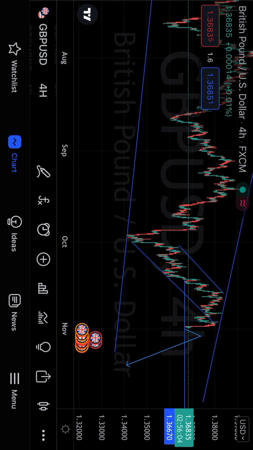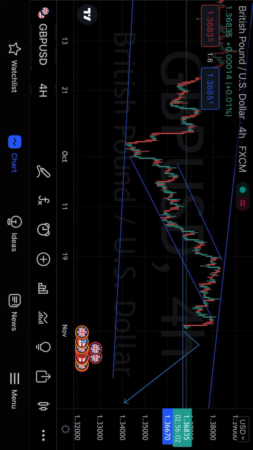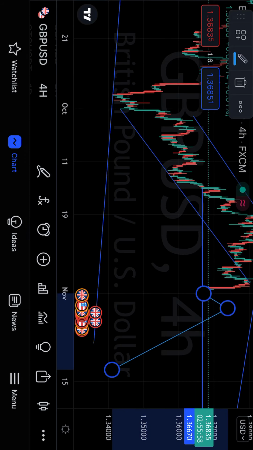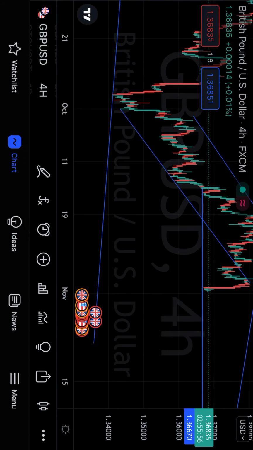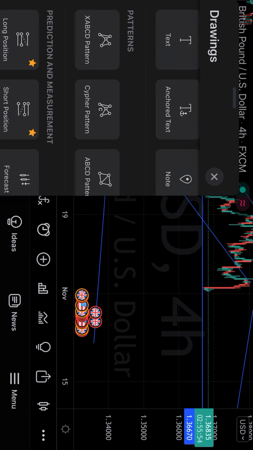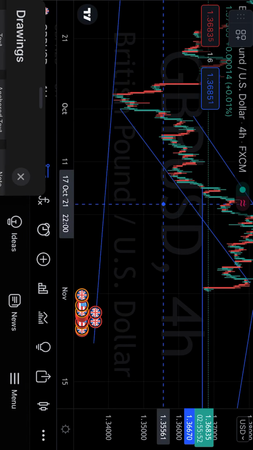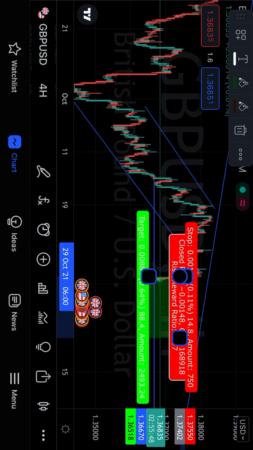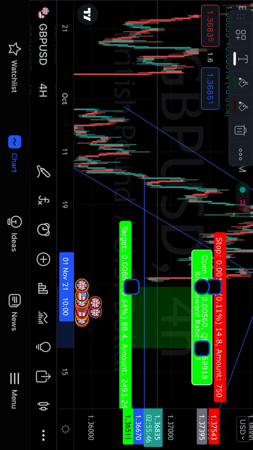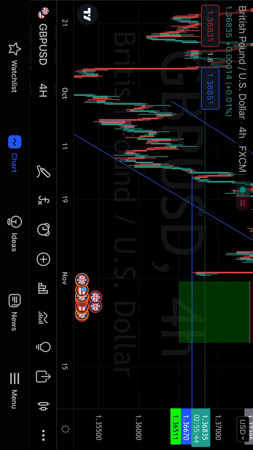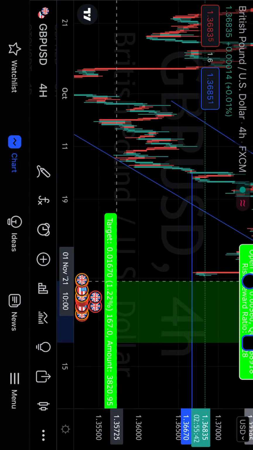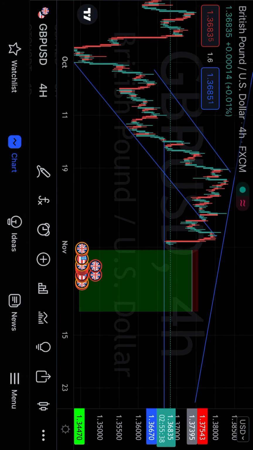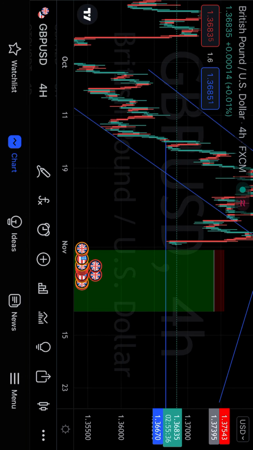Either way, but my overall bias is downwards, right? So I'm gonna wait for price to reach this point, this level, to take my short positions. Then this will be my take profit 1, take profit 2, and then target 3 right there.